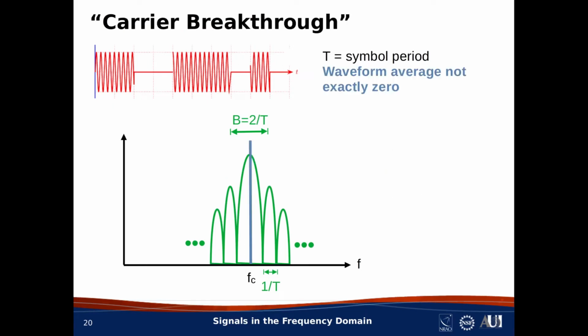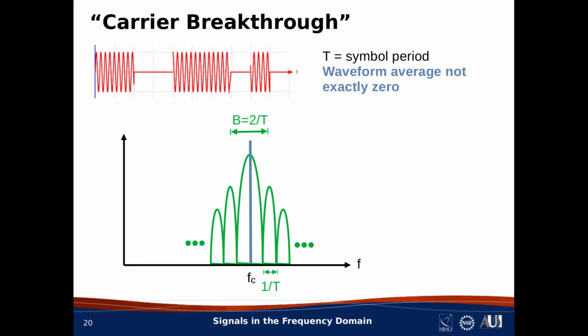In the previous slide, I noted that we assume the time average value of the waveform is 0. Now, this is only true if each symbol consists of an integer number of periods of the carrier. If this is not exactly true, and it typically is not, then you end up with a small fraction of a period left over in each symbol. In this case, the time average value of the waveform will not be exactly 0.